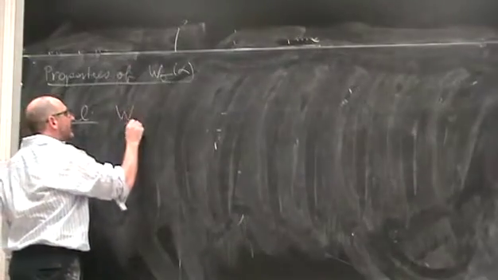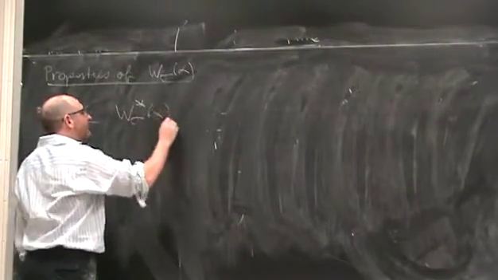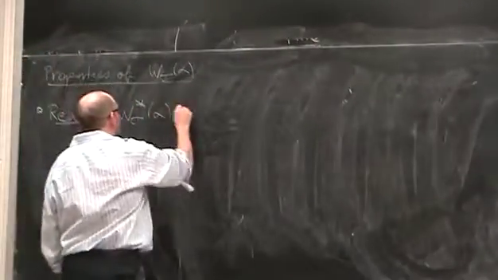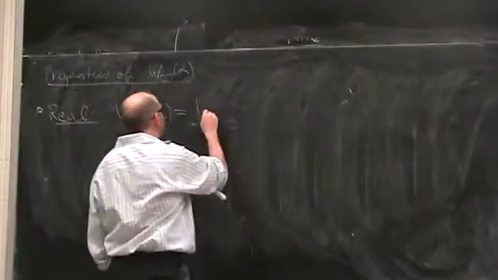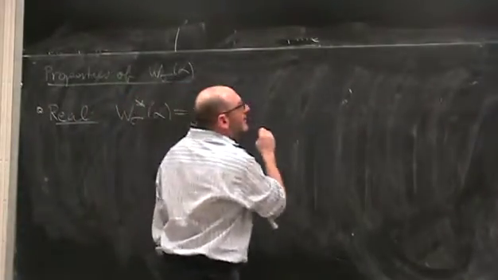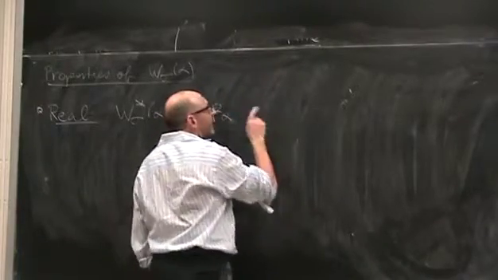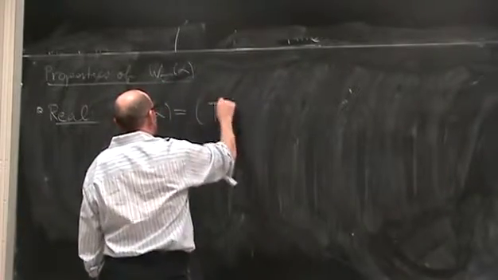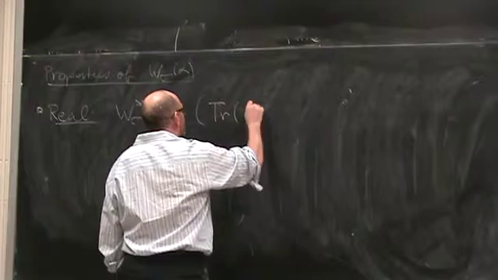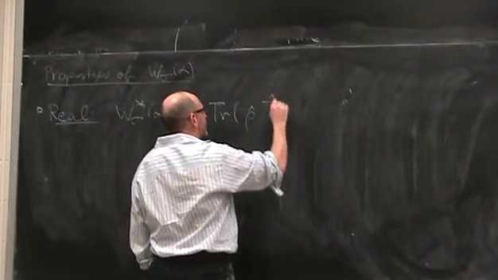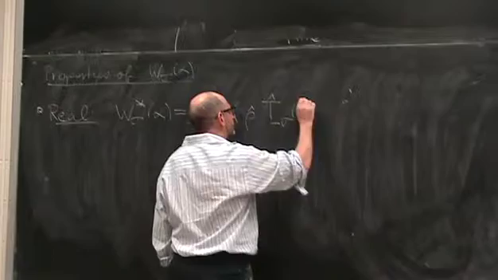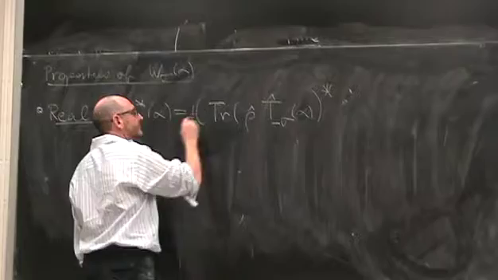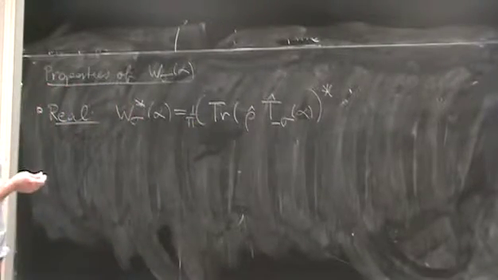So if I look at the complex conjugate of these functions, well, that's equal to, according to this, the conjugate of the trace of rho with T sigma star. By definition.